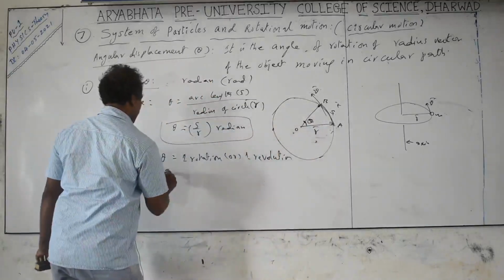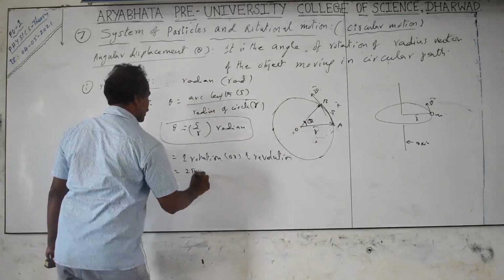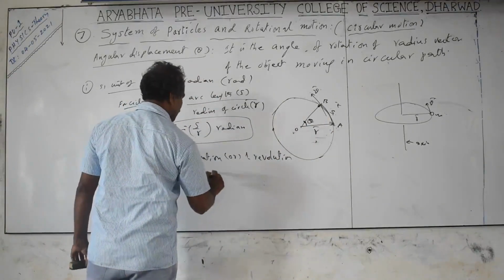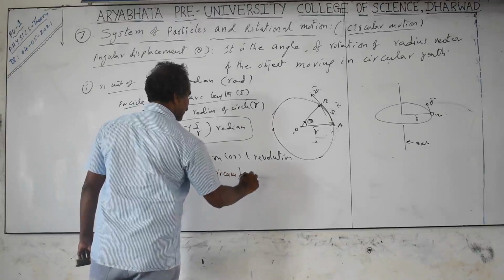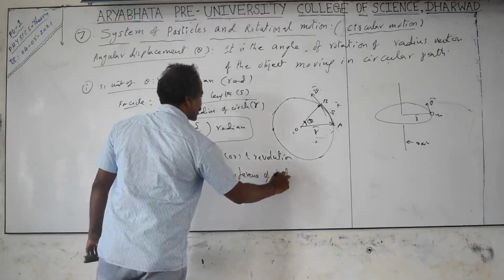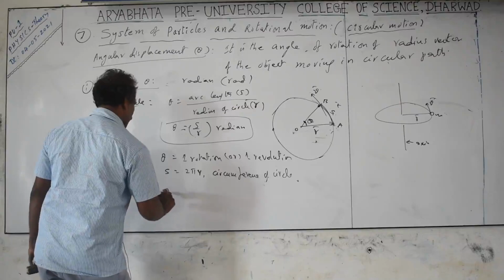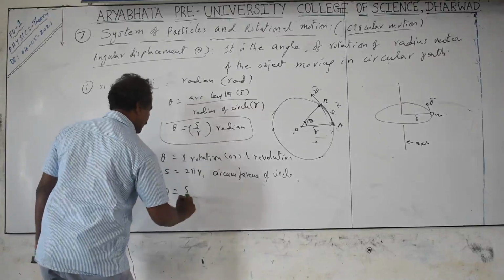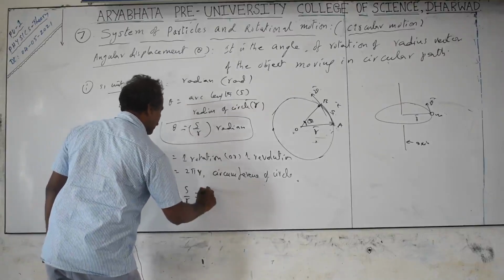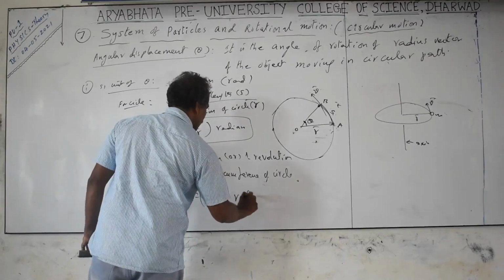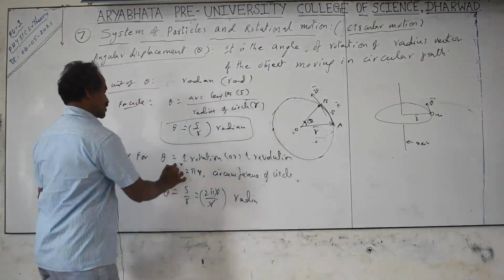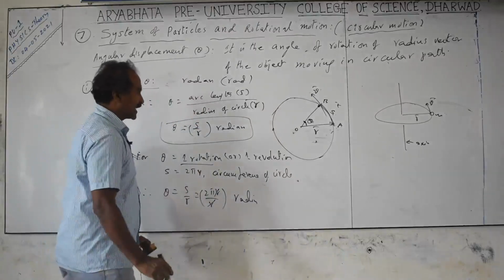S equals 2 pi r, the circumference of the circle. Therefore, we have the formula for theta as s by r, but s becomes 2 pi r, so 2 pi r by r in terms of radians. That means for one rotation theta becomes equal to 2 pi radians.